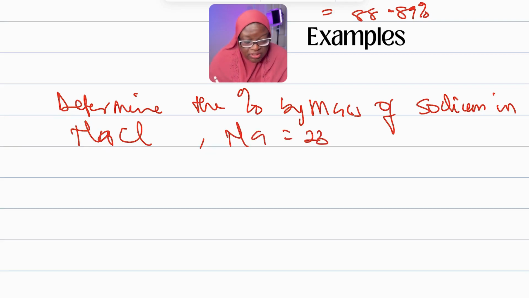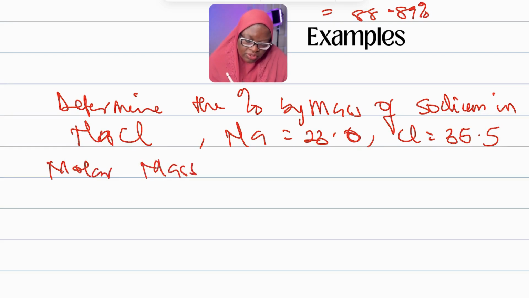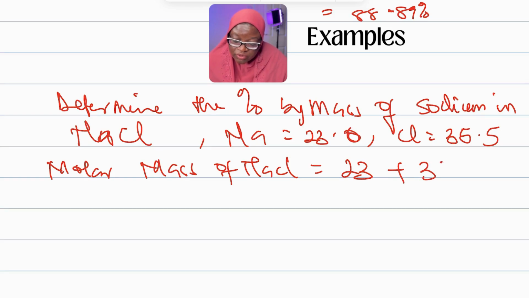Sodium is 23.0 and chlorine is 35.5. Again, the process is the same. Let's find the molar mass. Molar mass of sodium chloride. We have 1 of each atom. That will be 23 plus 35.5, and that is going to be what?